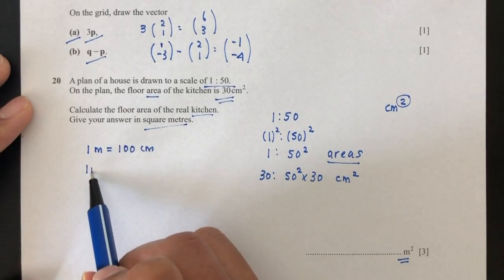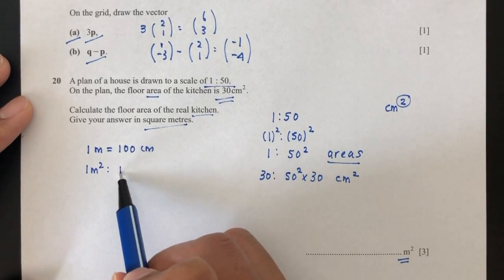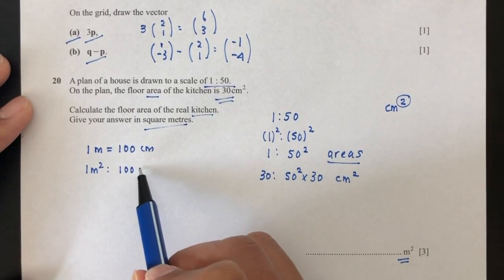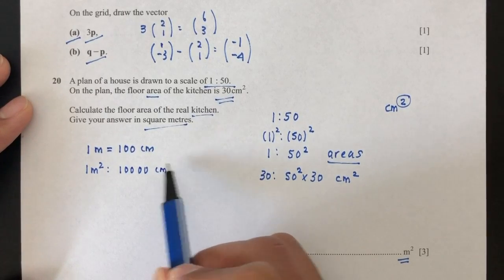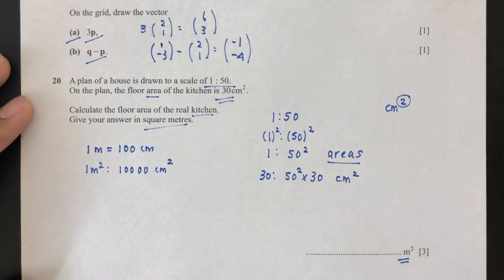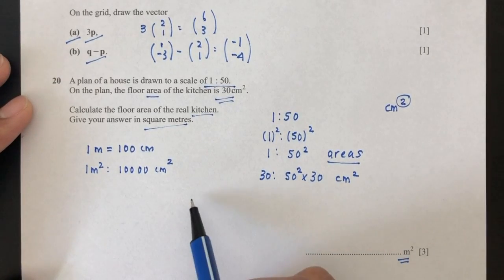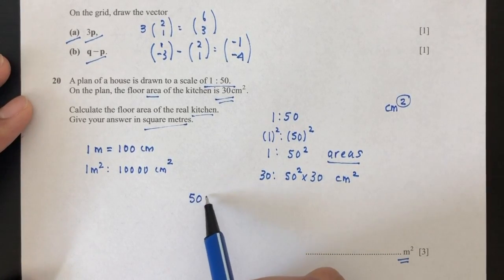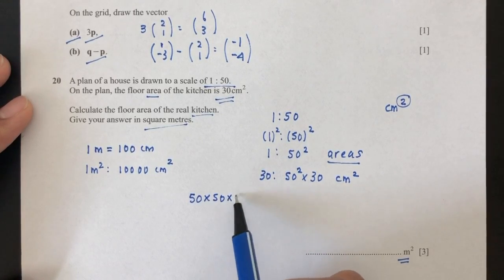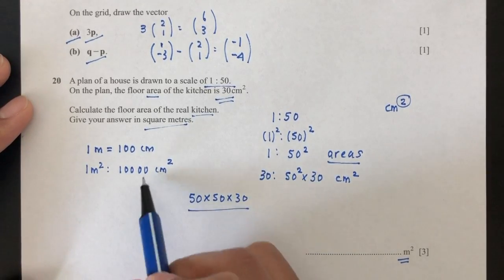Now 1 meter square has to be 100 square, which is 10,000 centimeter square. So now if you want to convert this to this, you have to divide by 10,000. So this square times 30 divided by 10,000.